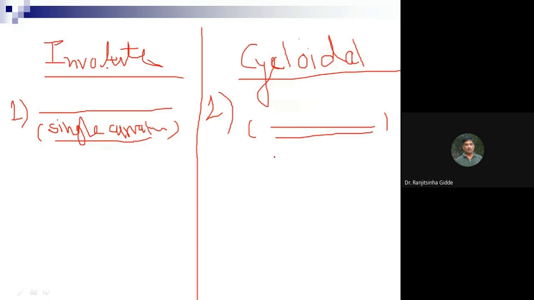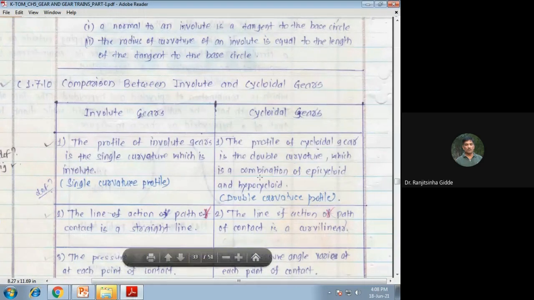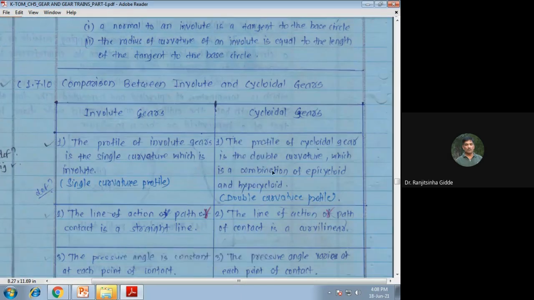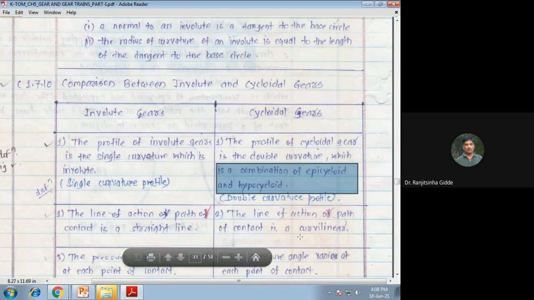So you can write epicycloidal and hypocycloidal, and double curvature.